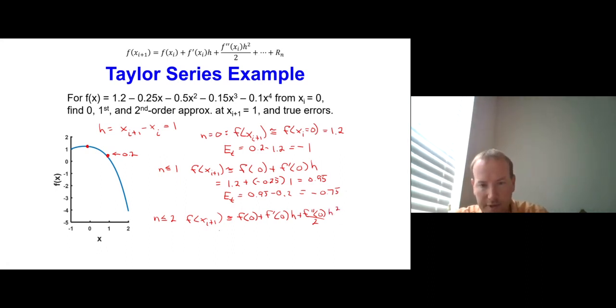Okay, and so if we now fill in values for that, we know that this was already 1.2. We knew from the previous one this was negative 0.25 times 1.